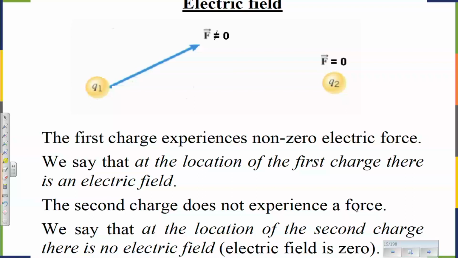But if we observe some deflection, that means somewhere other charges create a force acting on this charge. We say simply there is electric field at the location of this charge, which is responsible for the existence of this force. That's it.